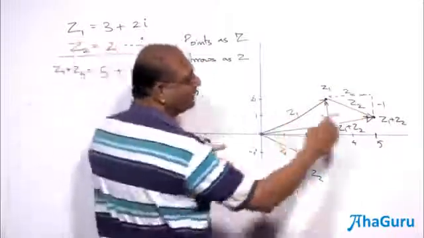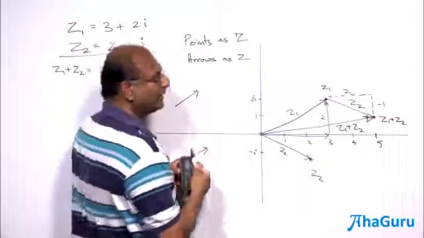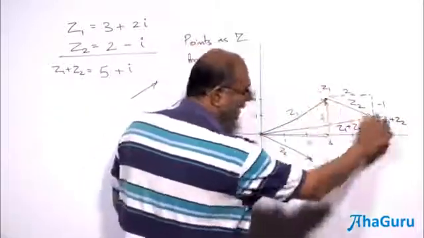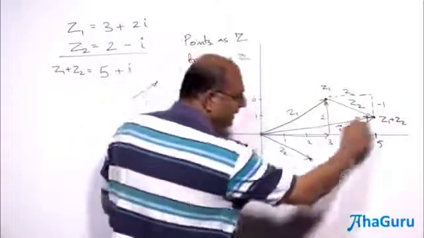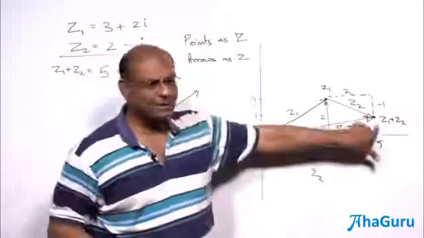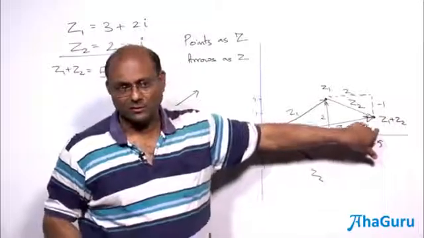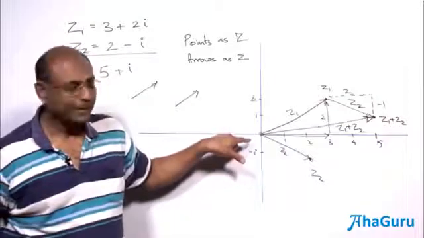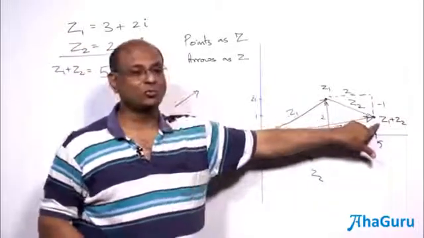So what is Z1 plus Z2? Well, start Z1 here and then Z2. Z1 plus Z2 ends there. This is the arrow Z1 plus Z2. That is the point Z1 plus Z2. Why is that point Z1 plus Z2? Because the Z1 plus Z2 arrow starts at the origin. Why is that point not Z2?